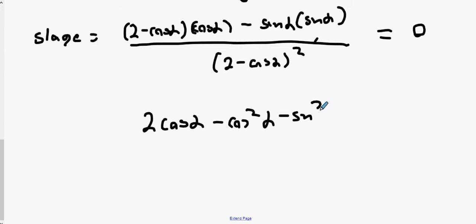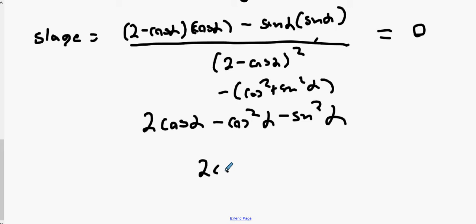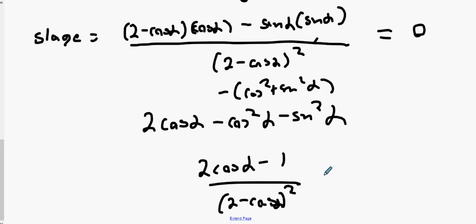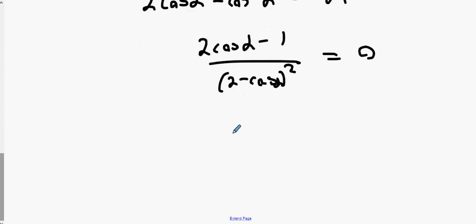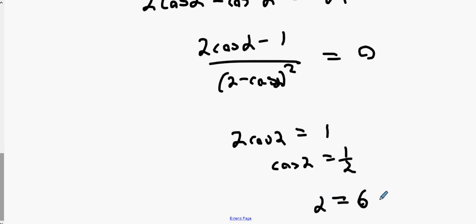And like the question we did the last day, what is minus cos squared alpha minus sin squared alpha? It's minus 1, isn't it? So it's 2 cos alpha minus 1 divided by the denominator. Now that denominator doesn't matter, because it's the numerator that causes it to be equal to 0. So you're able to get 2 cos alpha equals 1, cos alpha equals a half, alpha equals 60 degrees when you inverse it.